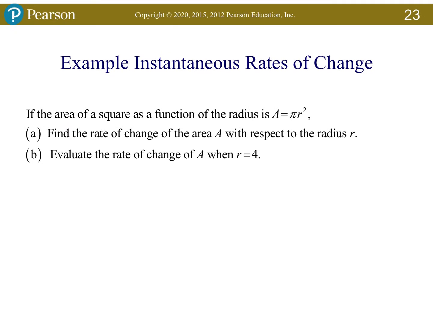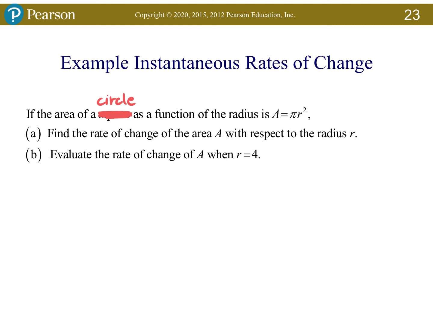This can apply to geometry. It's a good thing I'm not a geometry teacher. How about the word circle? The area of a circle, as a function of the radius, is area equals pi r squared. Find the rate of change, and the implication here is to find the instantaneous rate of change.